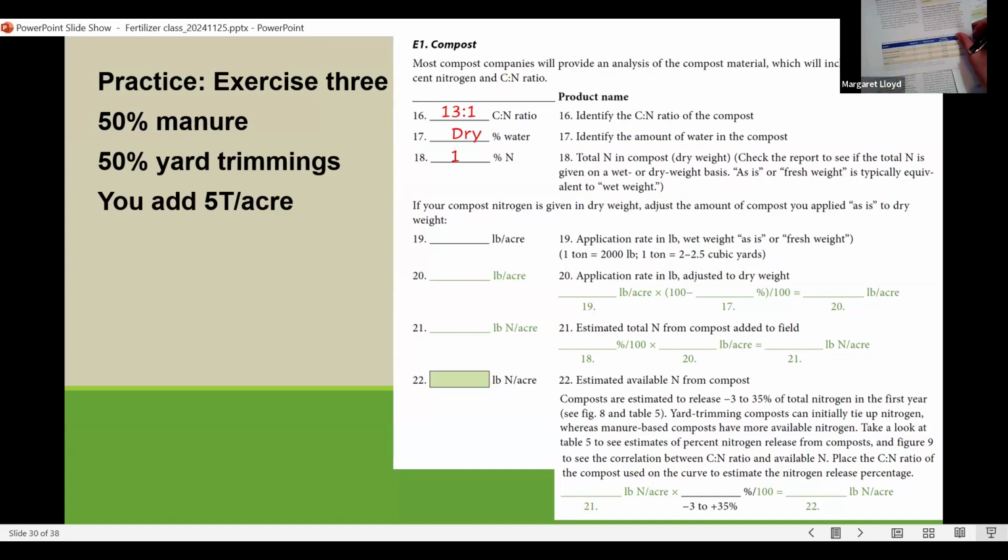When we look at this table, we can see that yard trimmings, hopefully you were given that information, but if you don't have that information, you need to have an estimate. So yard trimmings tends to be 0.5 to 2, poultry manure compost 2 to 5. So I went with a 1%.